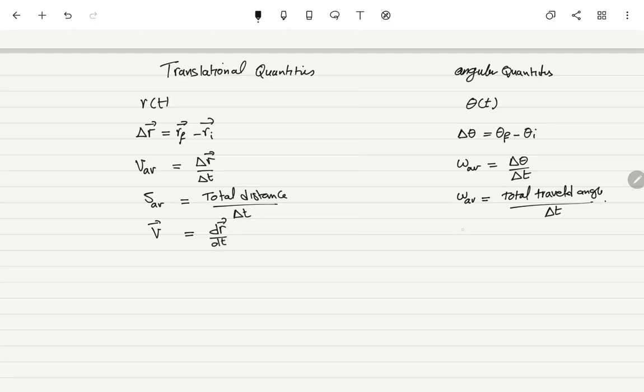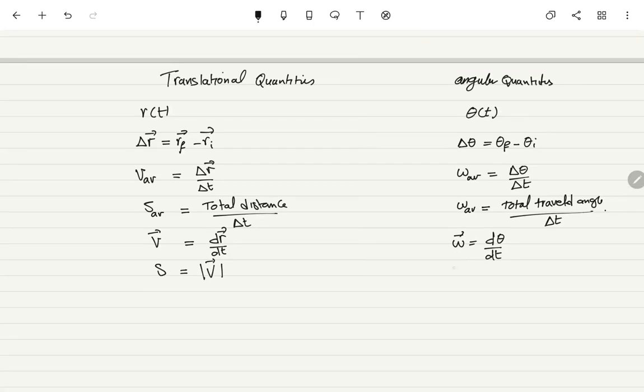In angular quantities it's defined as omega equal to d theta by dt. Now instantaneous speed is defined as this, so omega in this case is defined as omega here.